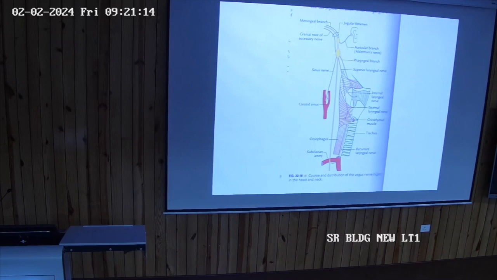Now the point is: what is the importance of these ganglia? They have the cell bodies of sensory fibers. What about the sensory fibers coming through the vagus nerve? Their cell bodies are lying in the superior ganglion and inferior ganglion.